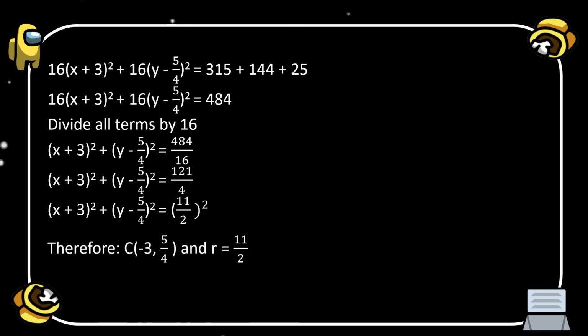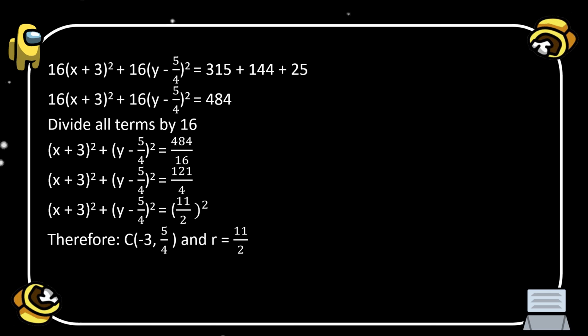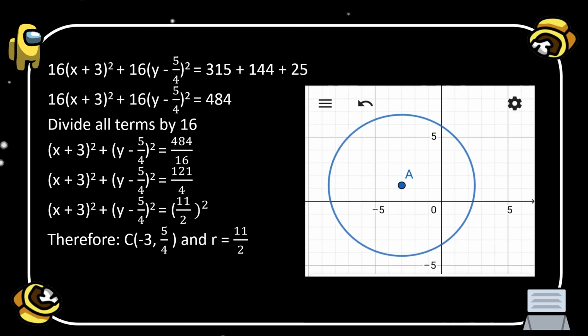So therefore, the center is negative 3 and positive 5 over 4, and the radius is equal to 11 over 2. Okay, so when we are going to draw the center and the radius of the circle, we have here the given figure.